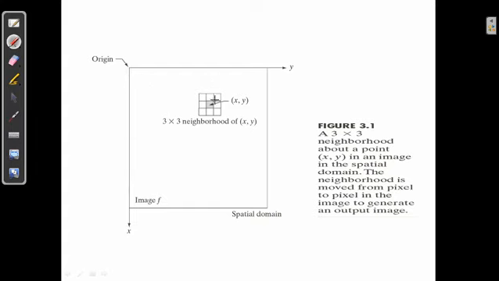If we consider any arbitrary cell, whatever pixels are surrounding this pixel will be called neighboring pixels. So this is the 3 cross 3 neighborhood. Totally there will be 8 pixels surrounding this particular location. Clear with that?